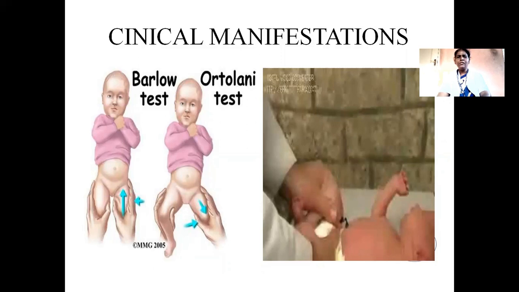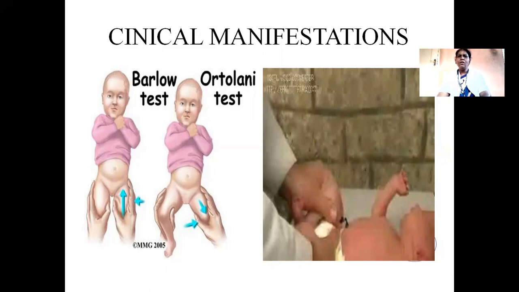Then the thumb will be on the inner thigh. Then the examiner will give backward outward pressure. Then we will hear a click sound. That means positive Barlow test. This will indicate the child has developmental dysplasia of hip.